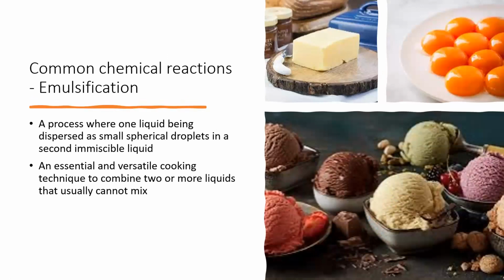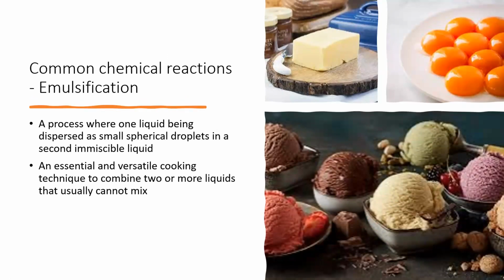The next common chemical reaction during cooking and baking is emulsification. That's a process where one liquid is dispersed as small spherical droplets in a second immiscible liquid.